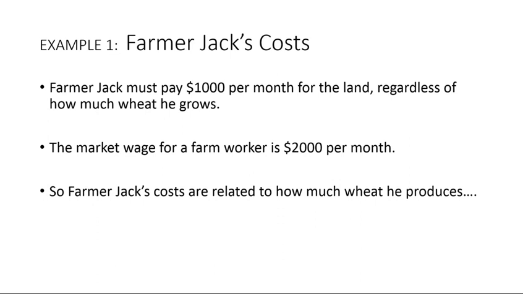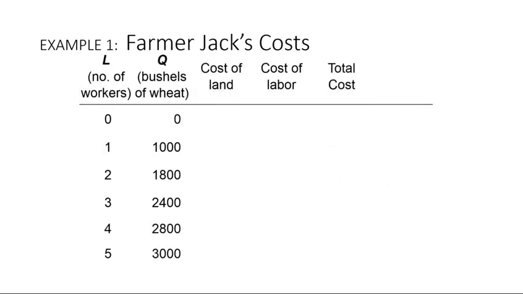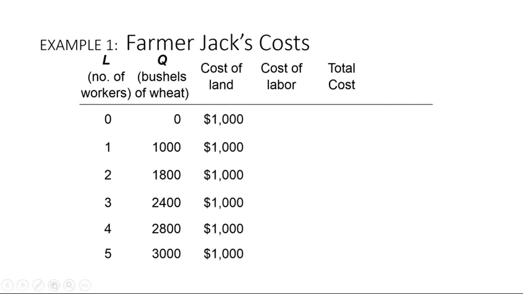Okay, so let's go ahead now and calculate Jack's total cost of production. His cost of land, you'll notice, does not change. He's paying $1,000 for his 5 acres of land, regardless of how many workers he puts on it, regardless of how many bushels he generates. But his labor cost per month does change as he scales up workers, right?